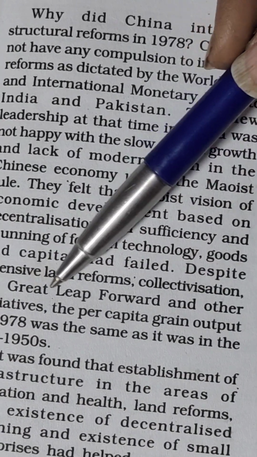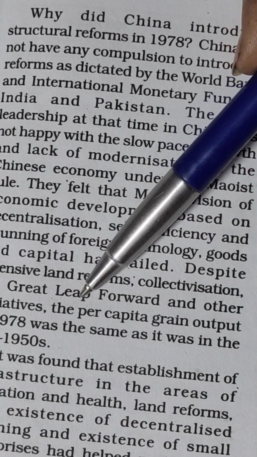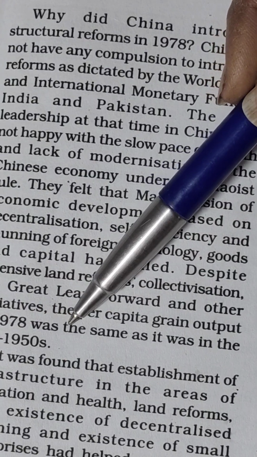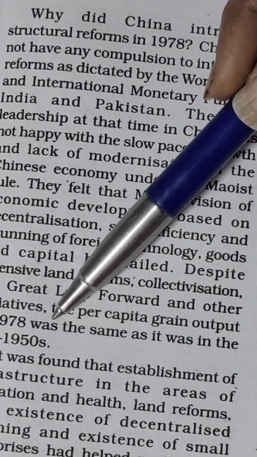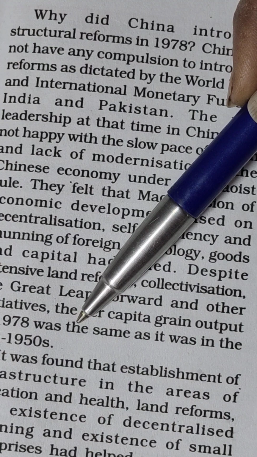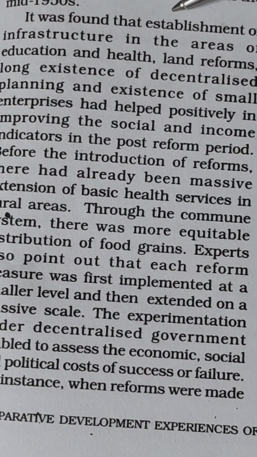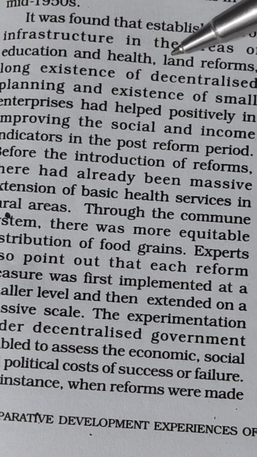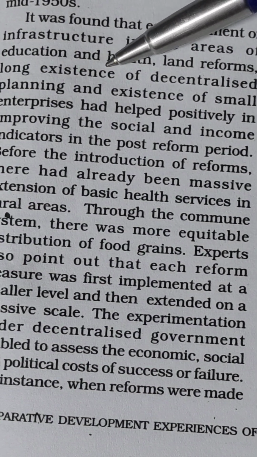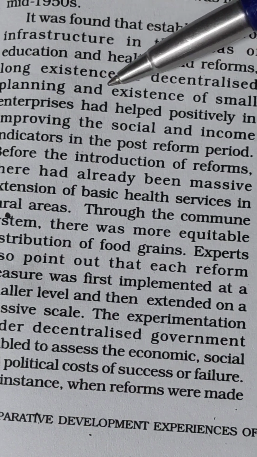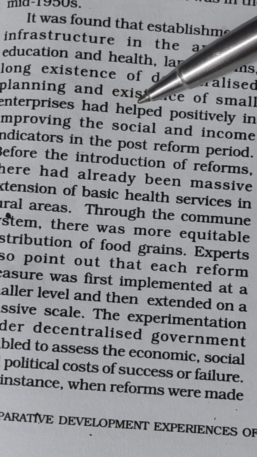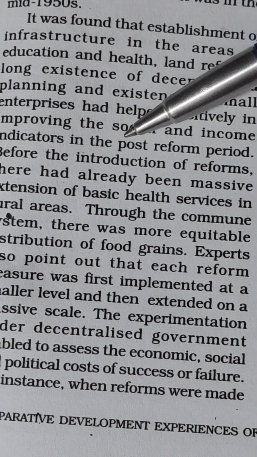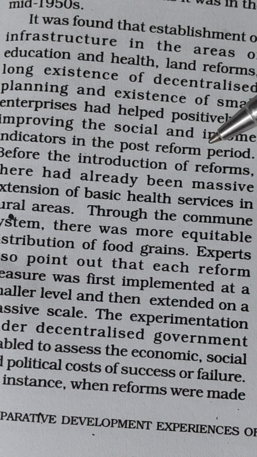Despite extensive land reforms, collectivization, the Great Leap Forward, and other initiatives, the per capita grain output in 1978 was the same as it was in the mid-1950s. It was found that establishment of infrastructure in the areas of education and health, land reforms, long existence of decentralized planning, and existence of small enterprises had helped positively in improving the social and income indicators in the post-reform period.